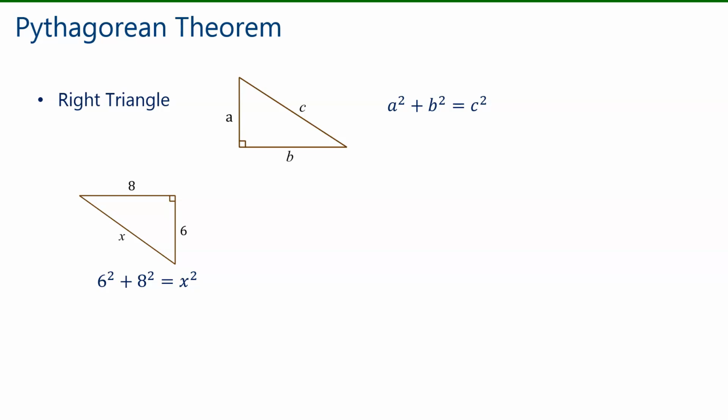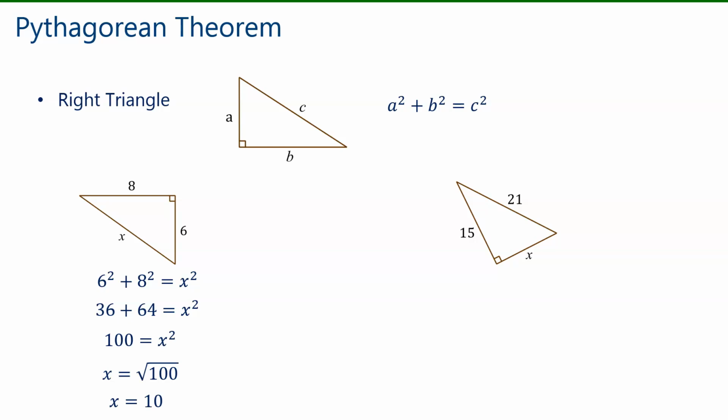So squaring 6 and 8 would give us 36 plus 64. Now I can add those together to give me 100. So now if 100 equals x squared, to find x you've got to find the square root. And the square root of 100 is 10. So that means the hypotenuse is 10.